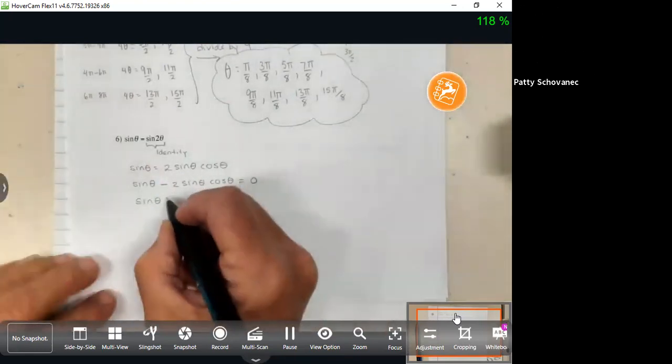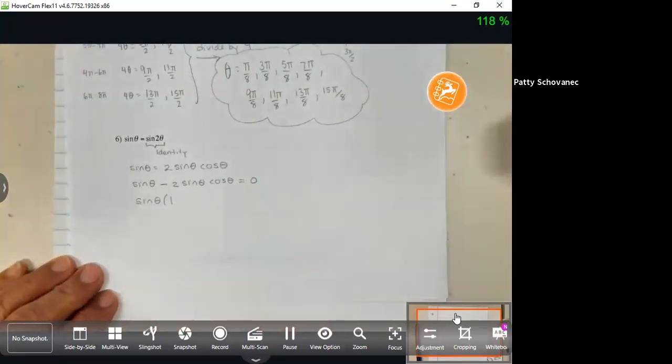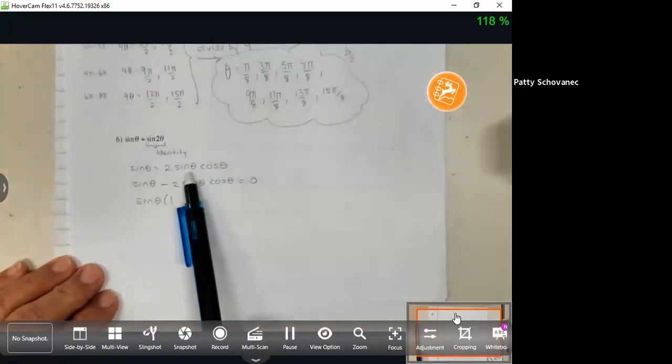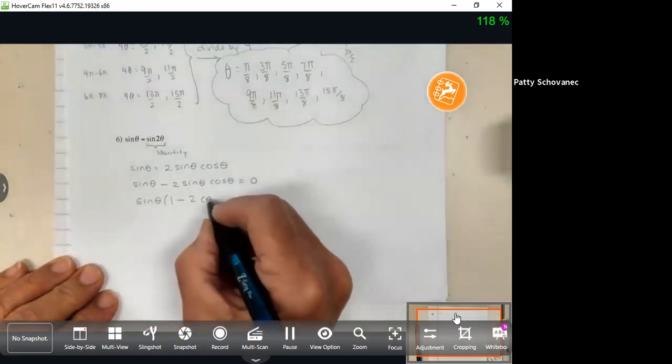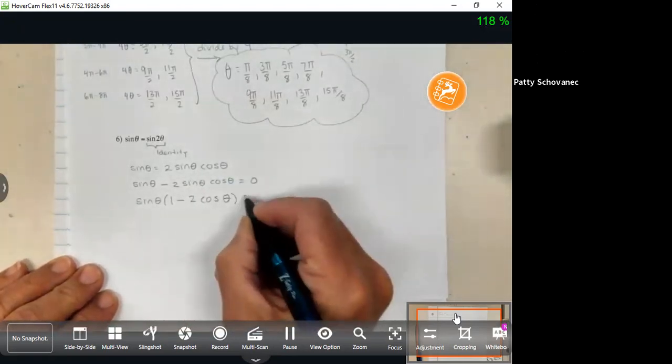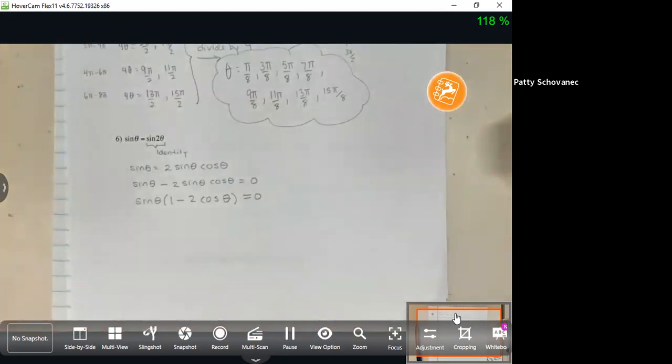I'm pulling it out of here, there's a 1 left behind. When I pull it out of the second term, there's a -2 cosine theta. Now I've got it factored. So let's set each factor equal to 0 and solve for theta.